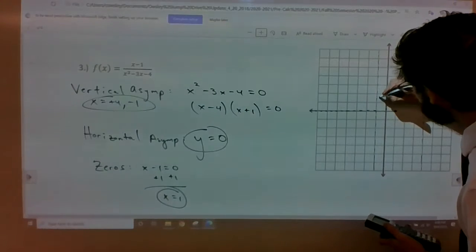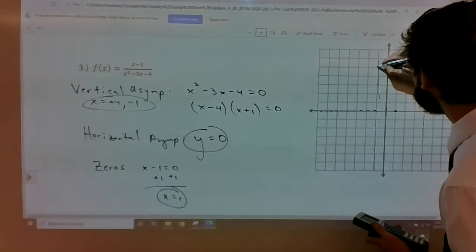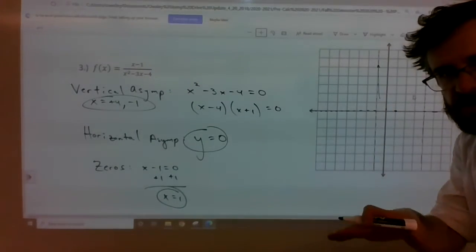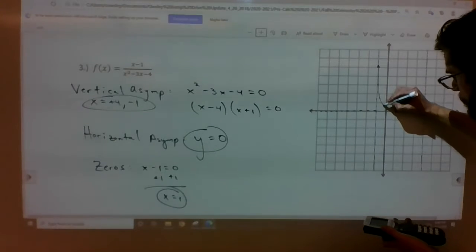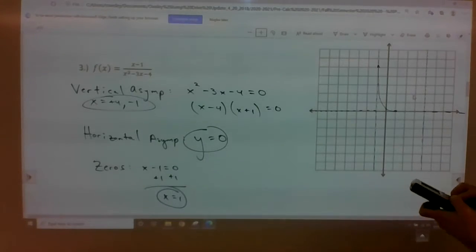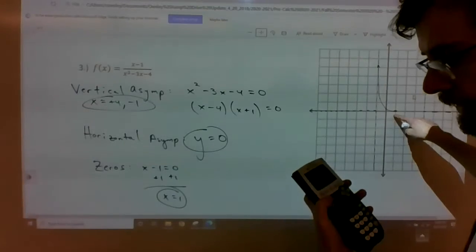So basically, here's what's happening. It's getting closer and closer to -1, but never touches. And then comes down here like this. Now, if I plug in 1, I get my 0 here.